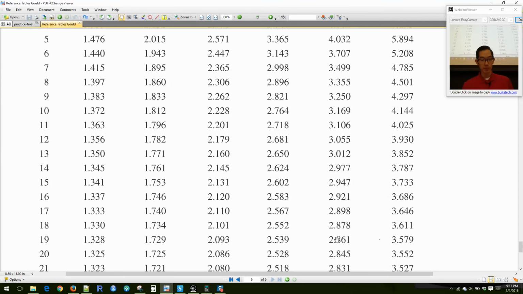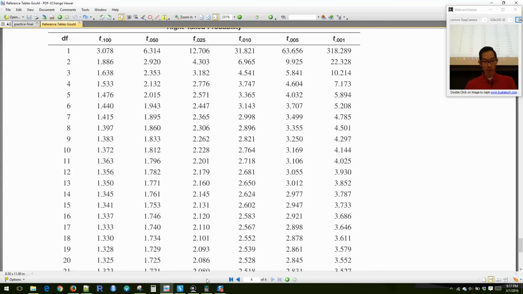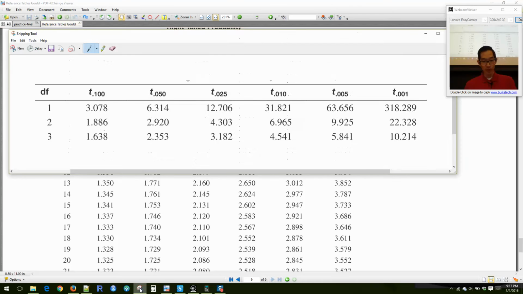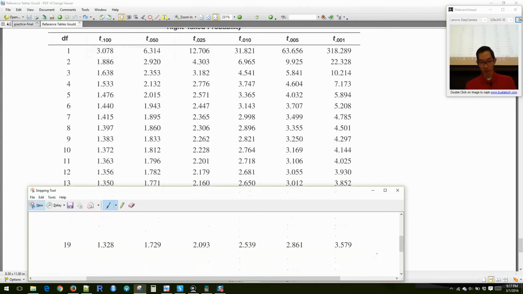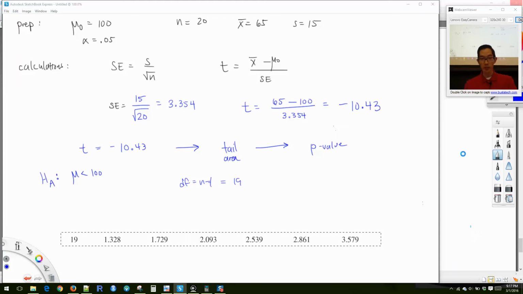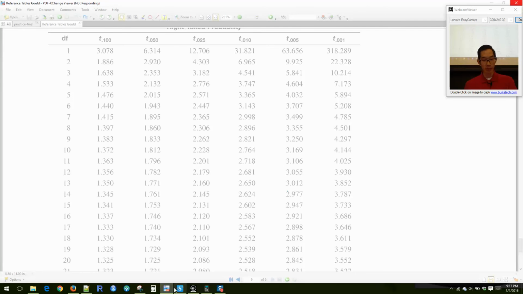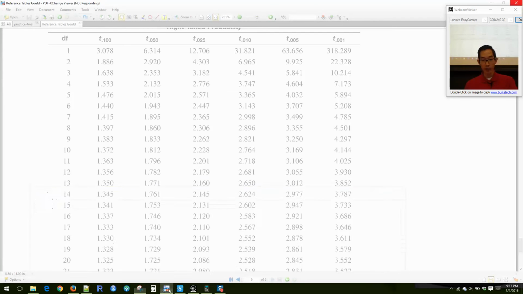Is that okay with everybody? No? We're not okay with seeing that? Okay. So here's 19 degrees of freedom. I'm going to copy this over here, and copy the column headings over.